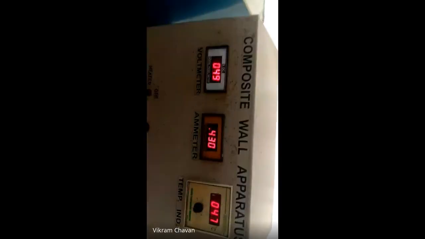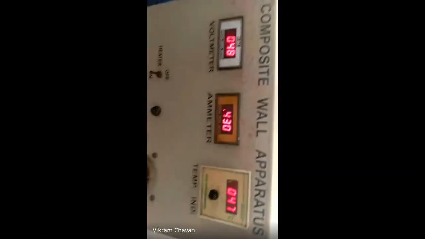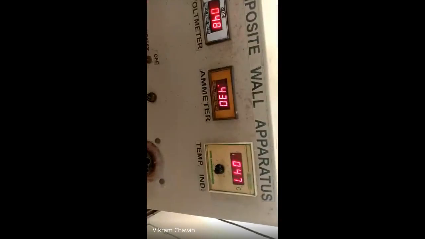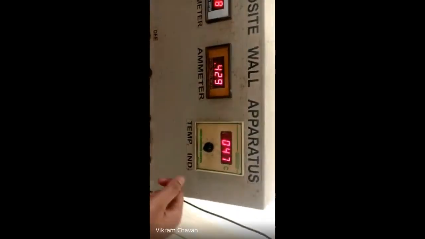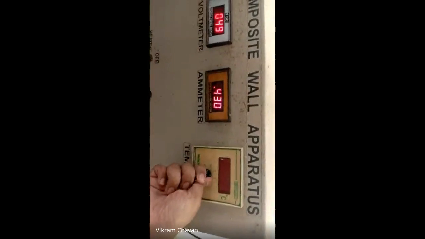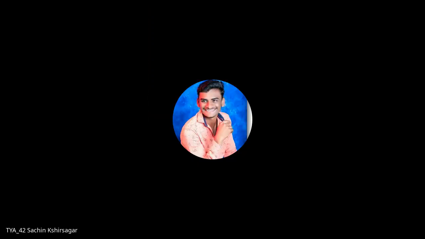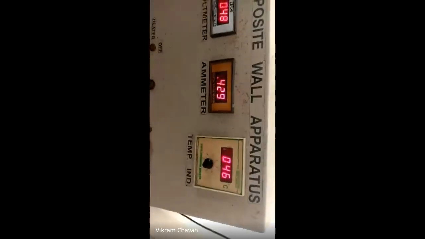Another reading. Take T1 as 47. T2 also 47, take 47 only. Then T3 46.